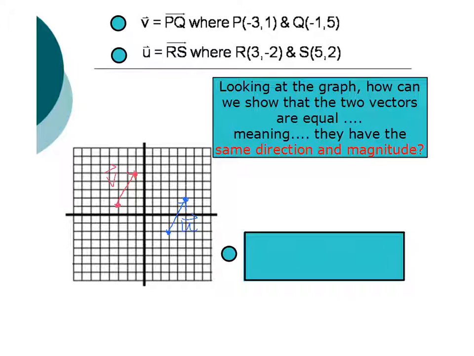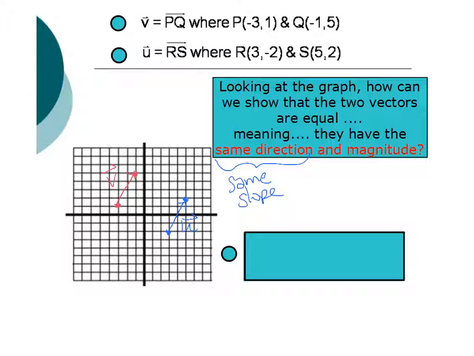By placing these vectors on a coordinate grid, it should lead you to some formulas that you should know to show that these are going the same direction. I kind of hinted at going up and over the same amount. Well, that's slope. If you can show that they have the same slope, that's going to force them to go in the same direction. So you're going to prove they have the same slope.